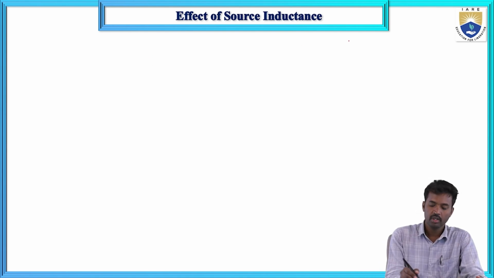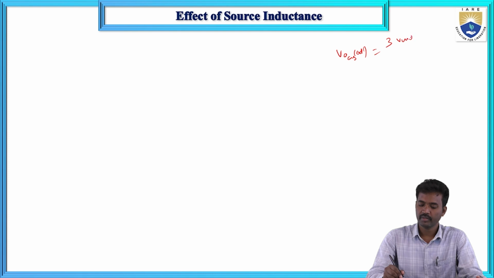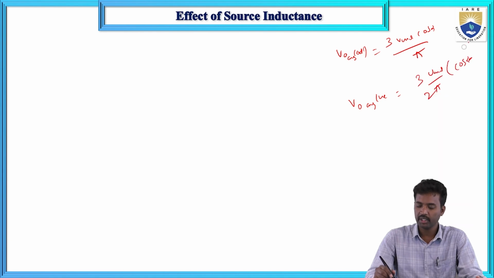So now here V naught average old equals 3 Vm L cos alpha by pi. So now V naught average new equals 3 Vm L by 2 pi, cos alpha plus cos alpha minus cos alpha plus mu.